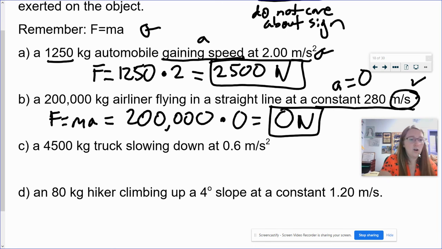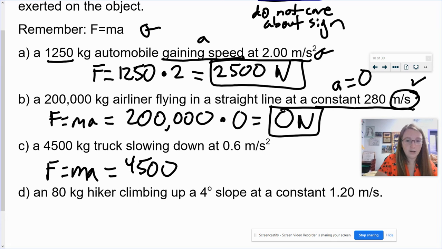Okay, let's try these. So we've got force equals MA. We've got a 4,500 kilogram truck slowing down, that's an acceleration, as well as right here, meters per second squared. That is an acceleration.